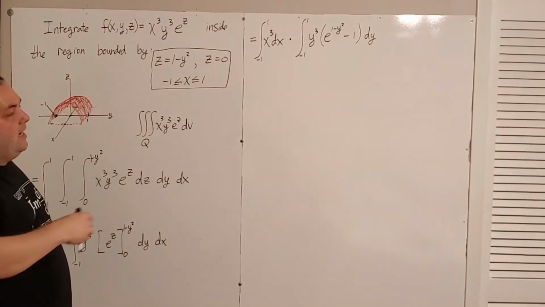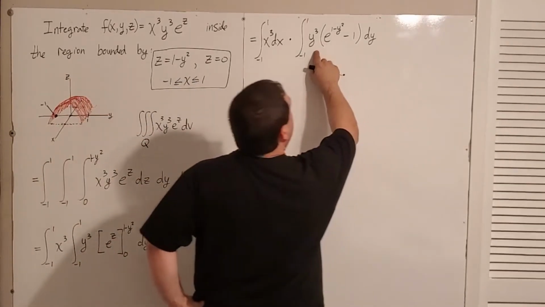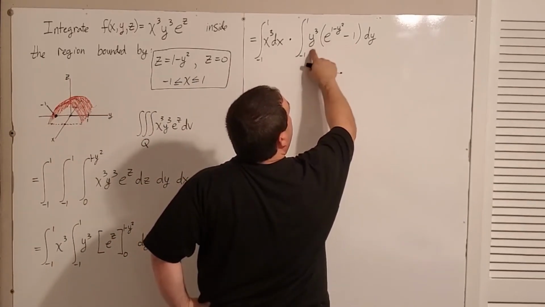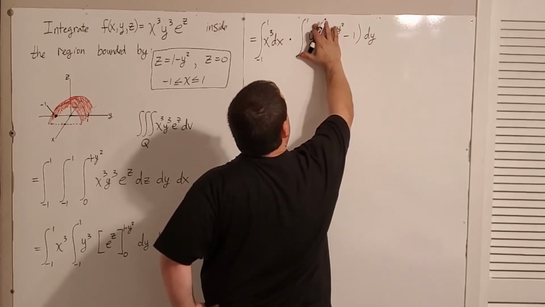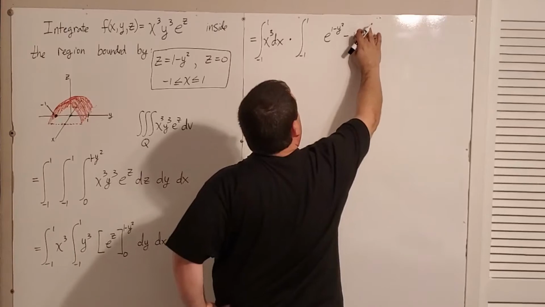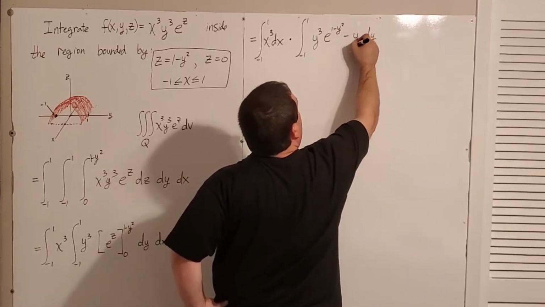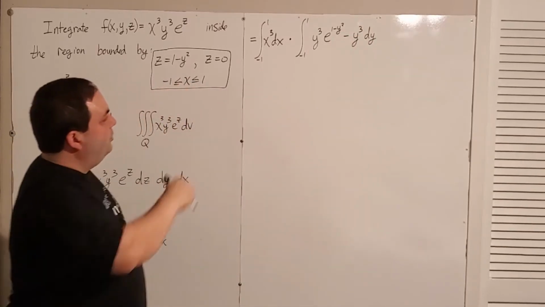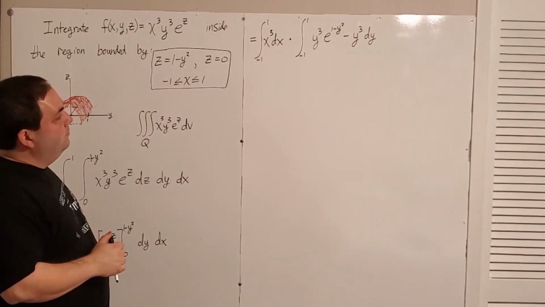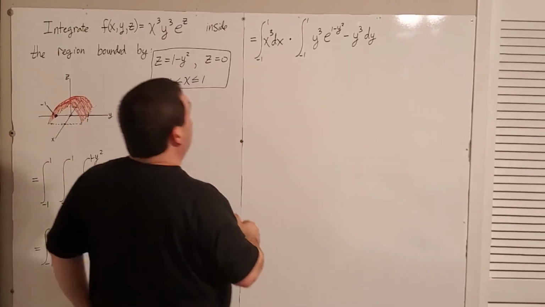To make that second integral easier on myself, I'm going to multiply the y cubed in here. Distributing it out, right? Go ahead and make that a bit of an easier process for myself.